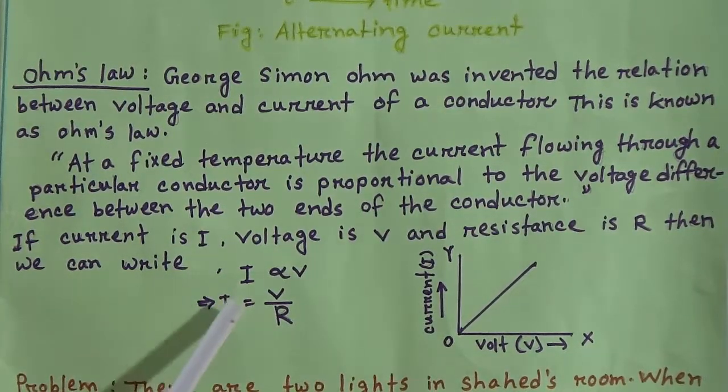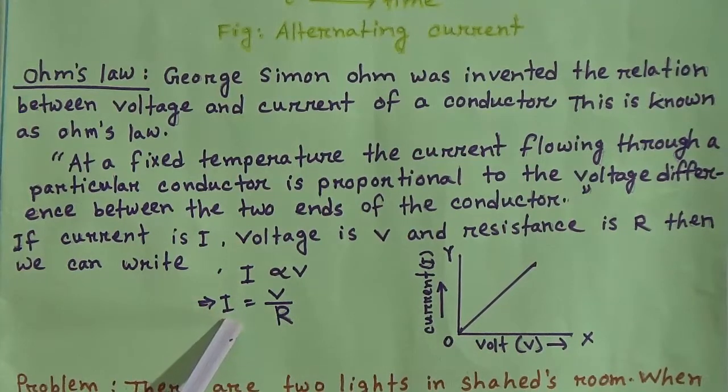If we see the equation, if current I increases, the voltage will increase because they are proportional, and if the current I increases, the resistance will decrease because they are inversely related. That means current and resistance are inversely related. If current decreases, resistance will increase.